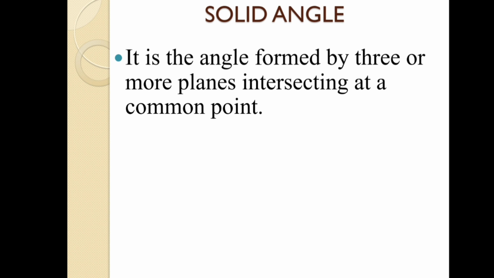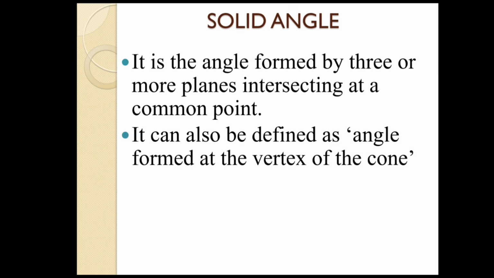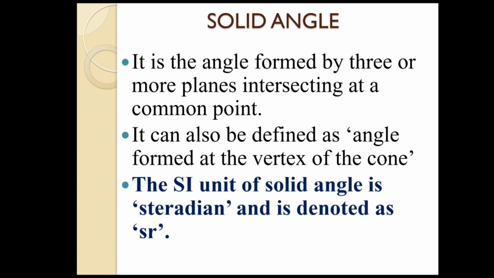Now in solid angle, it is the angle formed by 3 or more planes intersecting at a common point. It can also be defined as the angle formed at the vertex of a cone. The SI unit of solid angle is steradian and it is denoted as sr.